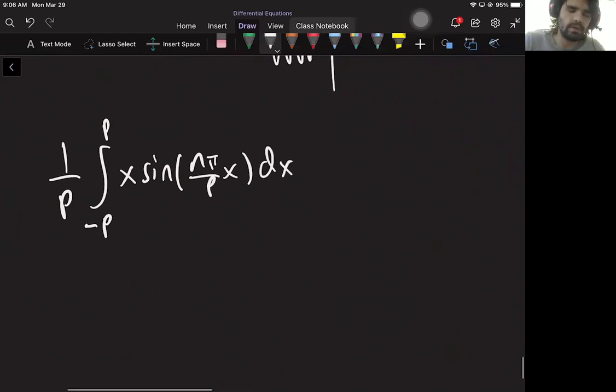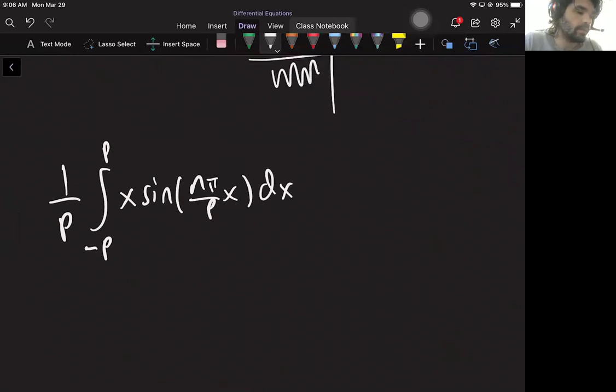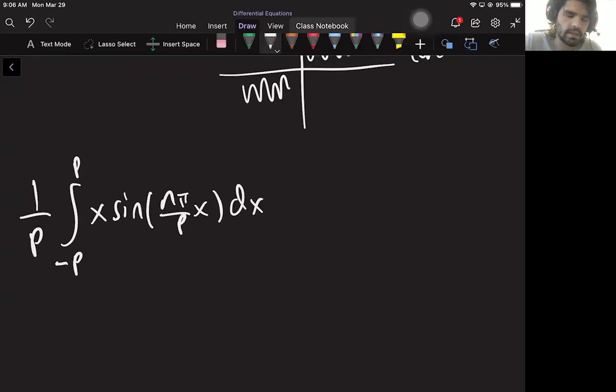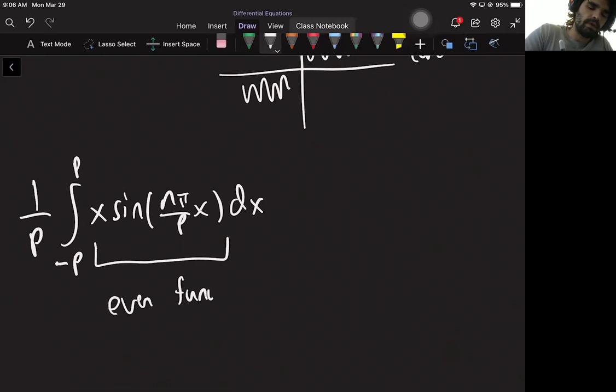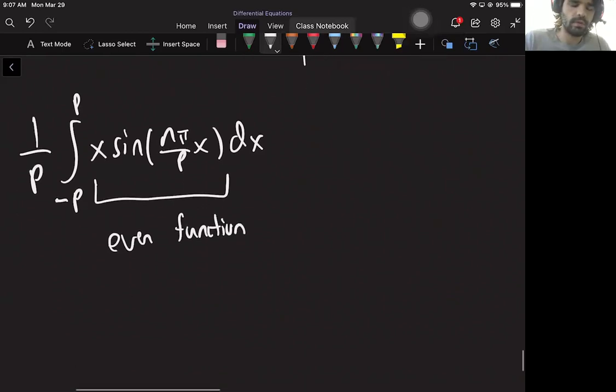So this one will not be 0. They're not all going to be 0, but instead, what's going on is this function is an even function, meaning if I change all the x's to negative x's, the negatives will cancel. And that's because sine and x are both odd functions.